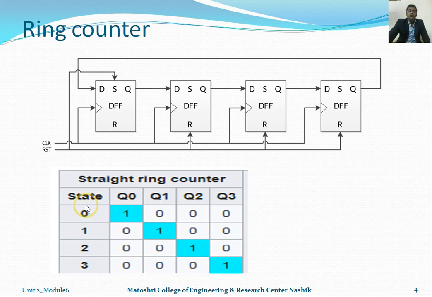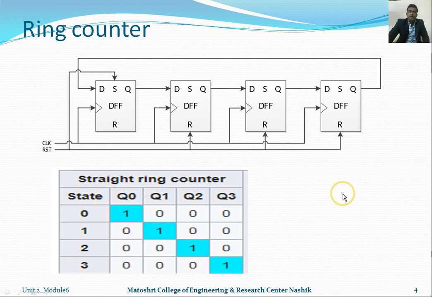So these are the 4 different states we get for the successive clock pulses, and this is one of the drawbacks of this ring counter. We only get 4 different output states for this 4-bit ring counter.